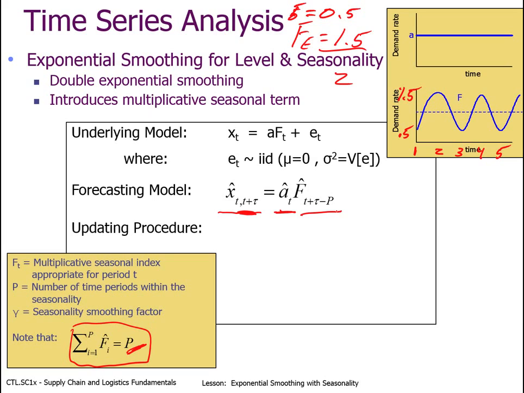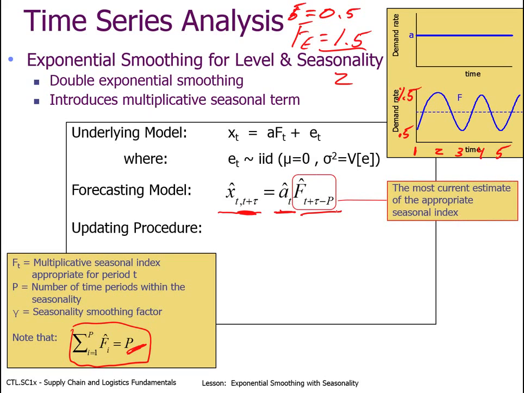Essentially what it's doing is looking at the most current estimate of the appropriate seasonal index. So if I'm in an odd period, it would look back to the most recent odd period where I estimated that seasonality index. Just think of it as the most recent estimate we have.